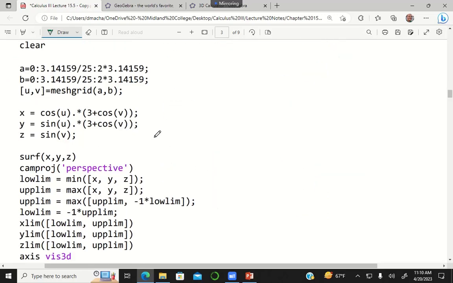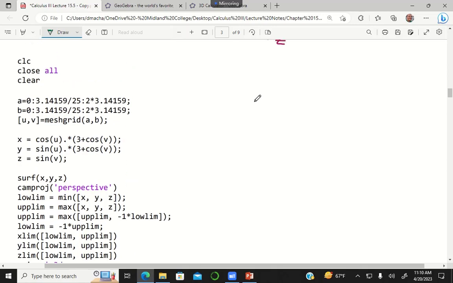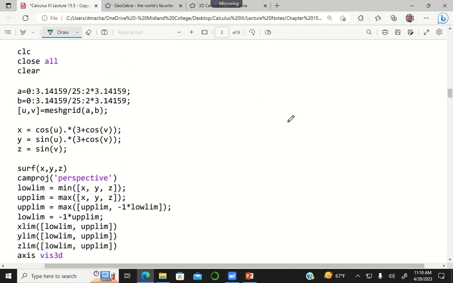And if you want to graph this on MATLAB, this is the MATLAB code you would use. So the first 3 lines, I just like to include in all my MATLAB codes because this clears the console. It's going to close any other figures you have open, and it's going to clear your variables.